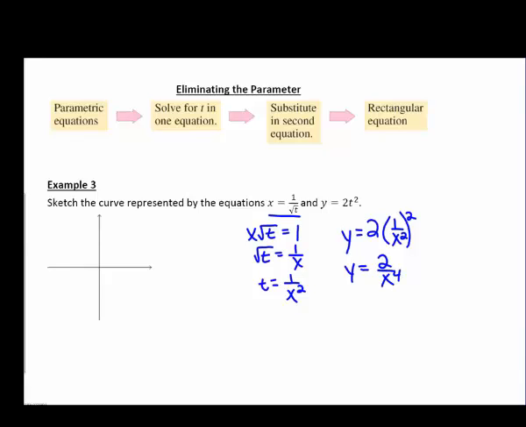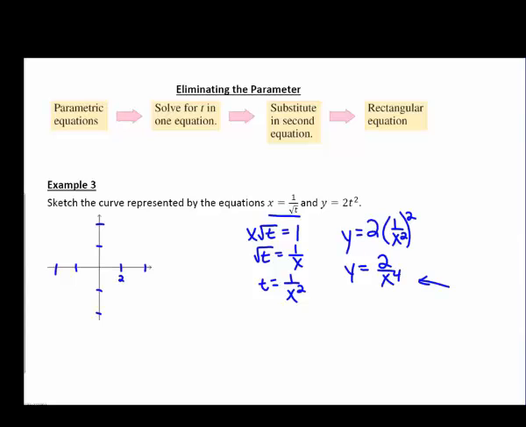And so now we can just graph this like we would a normal rectangular equation. And so I am going to mark off my units. Okay, and I know I can't plug 0 in for x because it's on the denominator. And if I plug in 1, I will get 2.